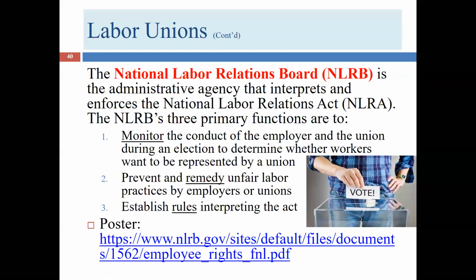So if the president is Republican, 3 members of the board will be Republican. If the president is Democrat, 3 will be Democrat, 2 will be Republican. As a result, most of the votes of the board are 3-2, whomever is in the majority. And there are actually certain issues that literally get switched depending upon who is the president at the time.